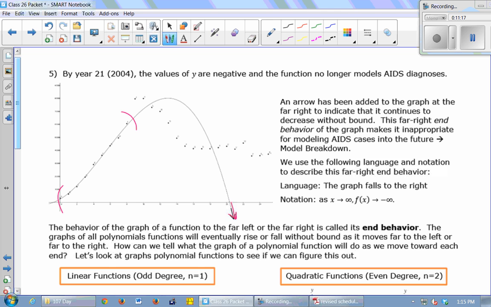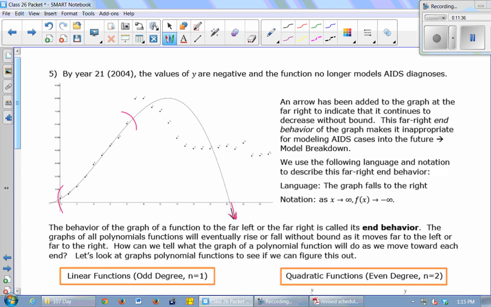So we use this language and notation to describe this far end behavior to the right, that it just keeps going down and down forever. We say as x approaches infinity, so you read that arrow as approaches, as x approaches infinity, f of x approaches negative infinity.